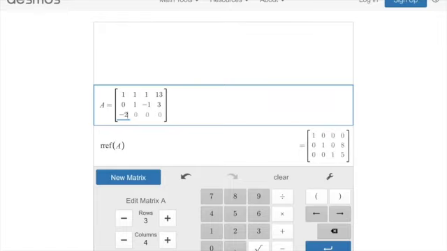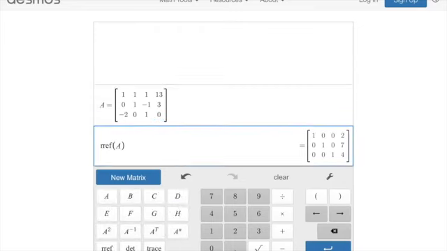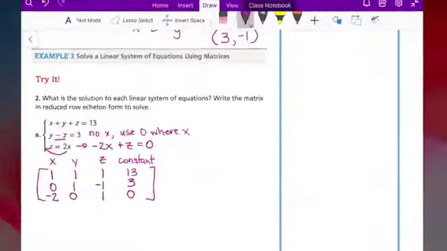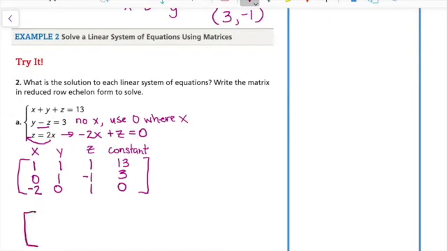So 0, 1, negative 1, 3. And then negative 2, 0, 1, 0. All right. So the nice part about this is it is still keeping my RREF A. So, but it changed it accordingly. So now my answer is 2, 7, and 4.